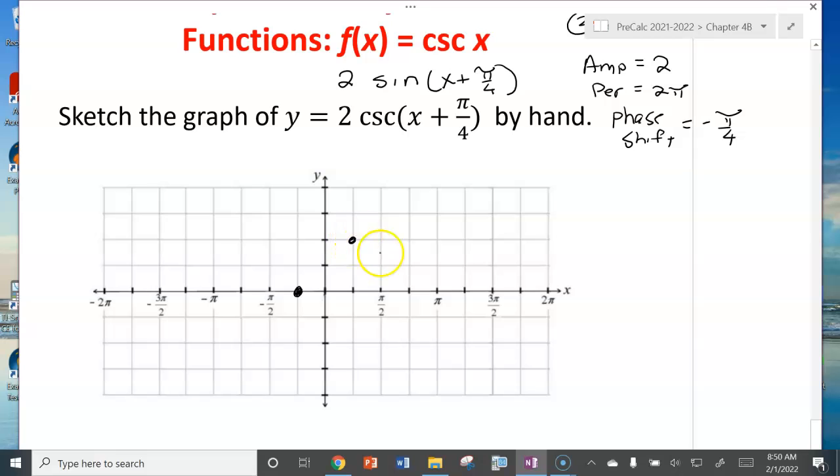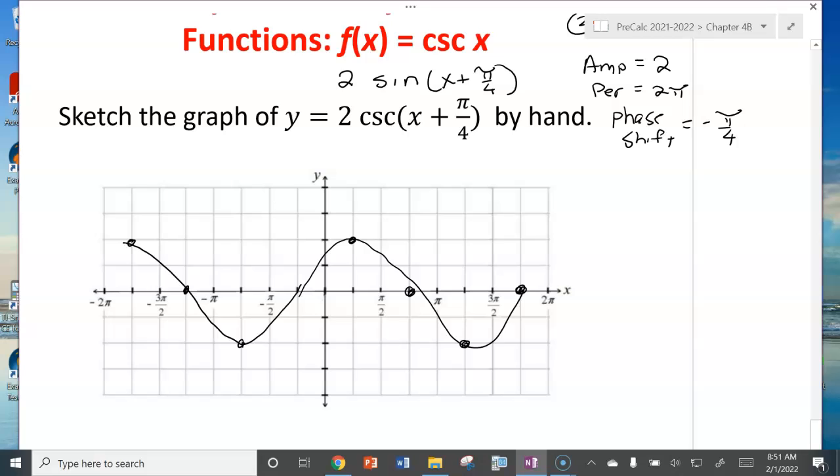So up to here, down to the axis, down to here, up to the axis. So it's going to look like this. And then it keeps going. So on the other side, down there, axis, up there.